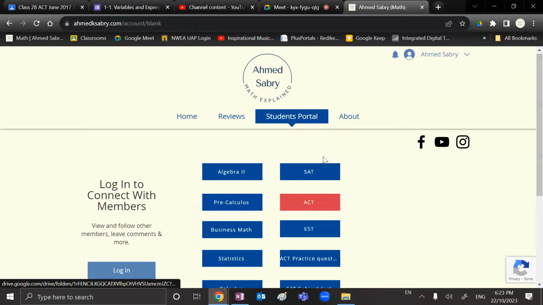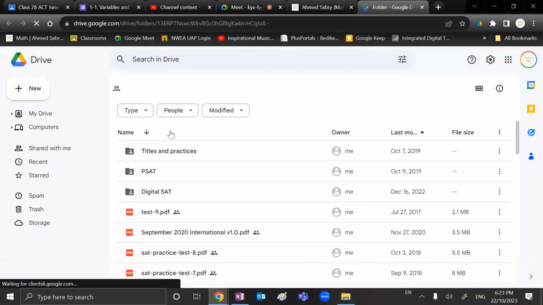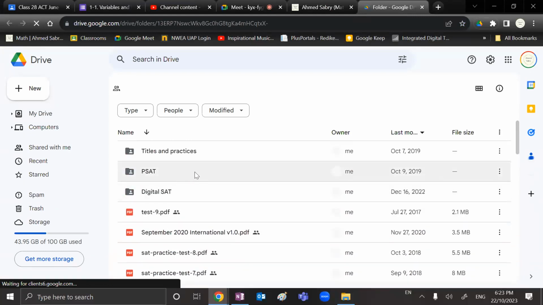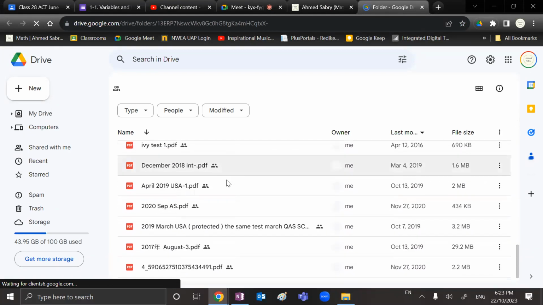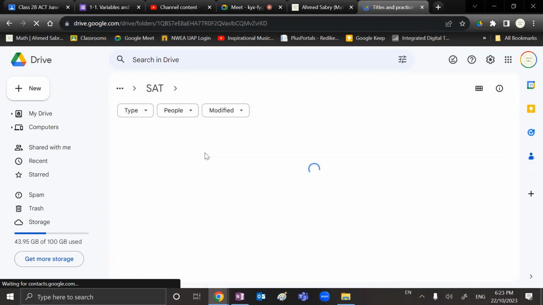You see? So again, these are on the left side, the ones that have to do with school. These are the ones that have to do with the SAT. If you click on SAT, for example, you should be able to see the digital SAT, samples of the tests. All of those are real tests. You can also see notes for specific titles and topics.